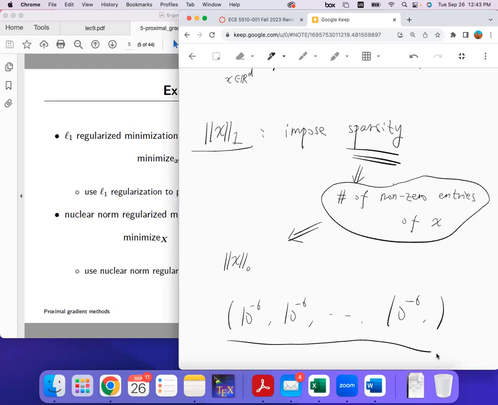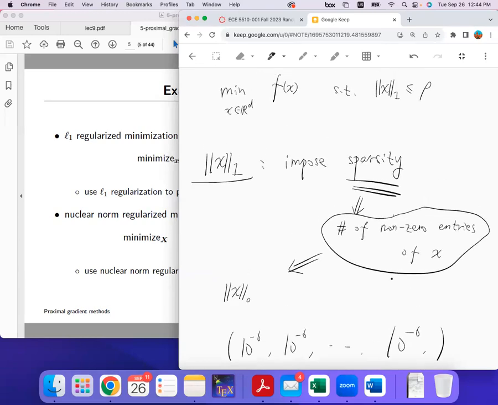So it avoids that extreme case that we see in the L0 norm. In fact, we can show that this is the best convex approximation for the L0 norm. So that's why people use the L1 norm instead to impose sparsity.